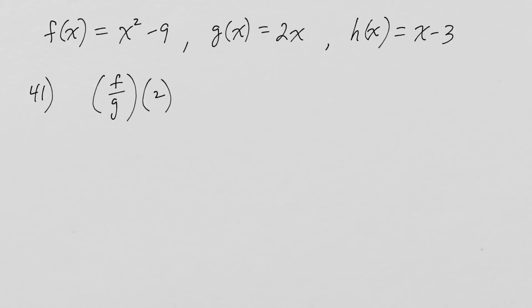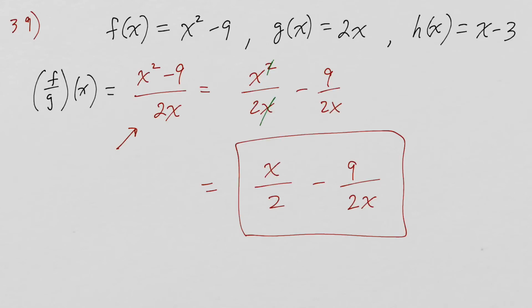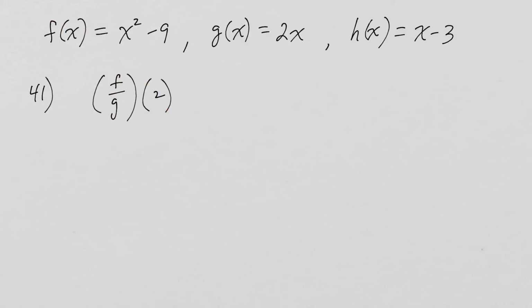Okay, in the previous problem, we saw that f over g of x is x squared over 2 minus 9 over 2x. So x squared over 2 minus 9 over 2x, and now we're going to replace the x everywhere we see it with 2.